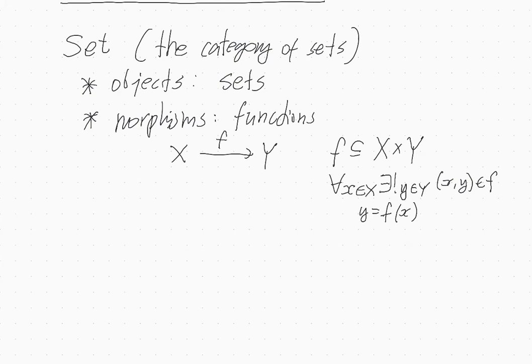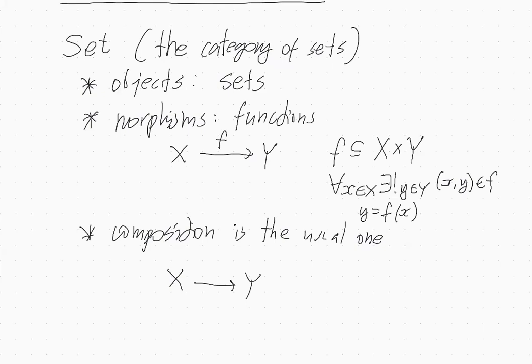Composition in this category is defined as the composition of functions. So I'll say it's the usual one. For completeness' sake, let me nevertheless write out the formula for the composite.